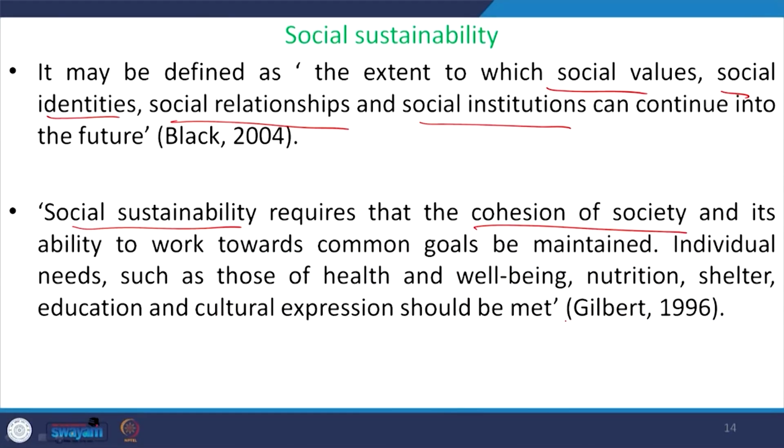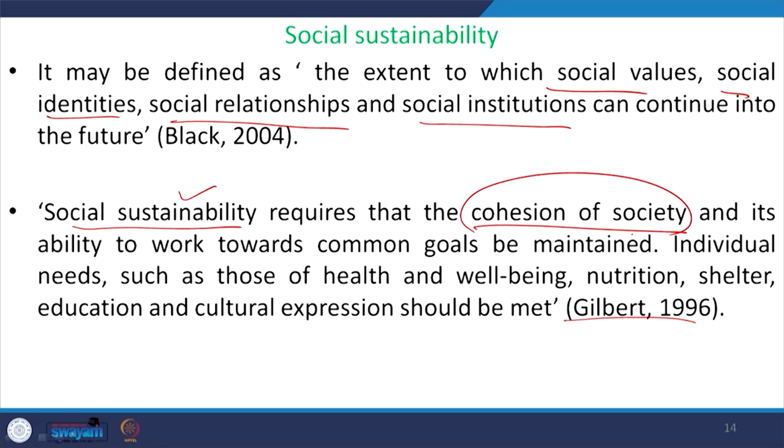So here basically Gilbert in 96 defined that social sustainability can be possible if a cohesion of the society is experienced.